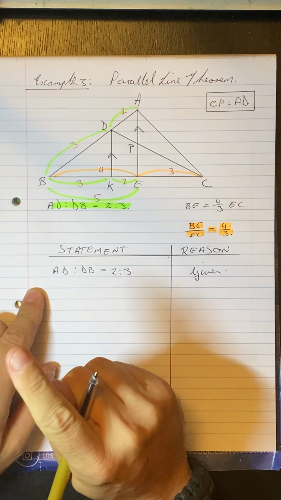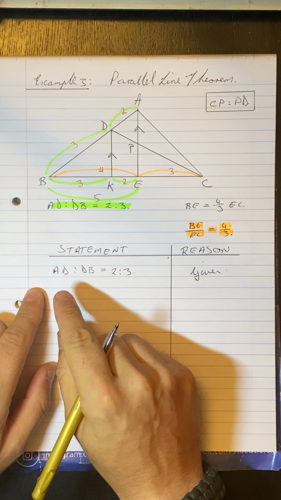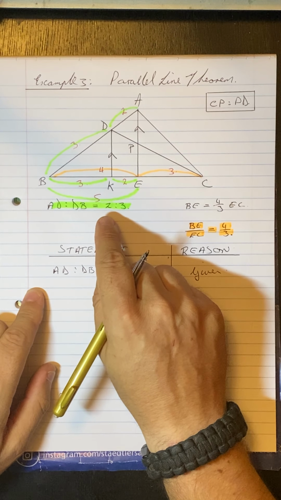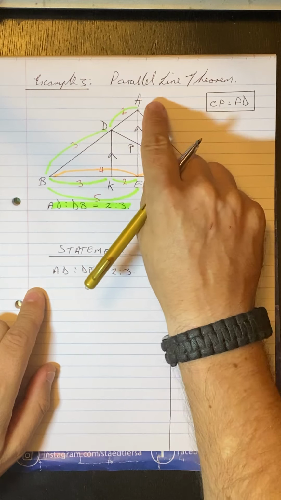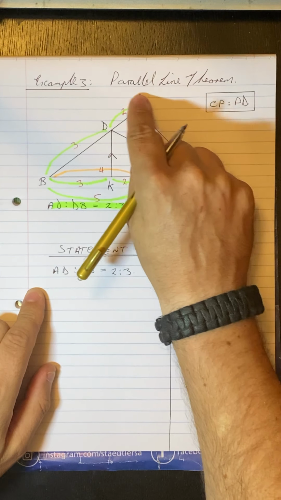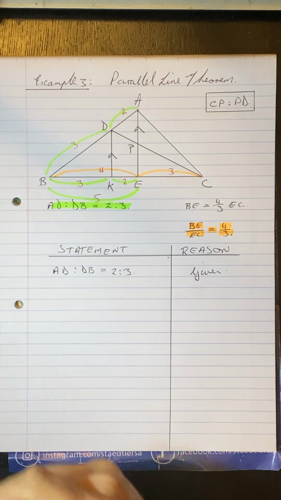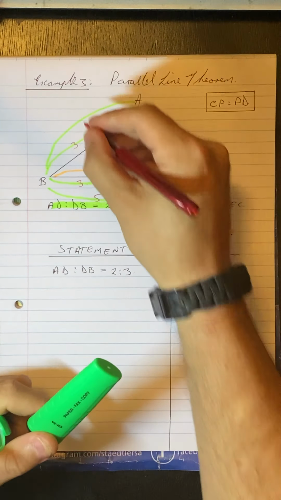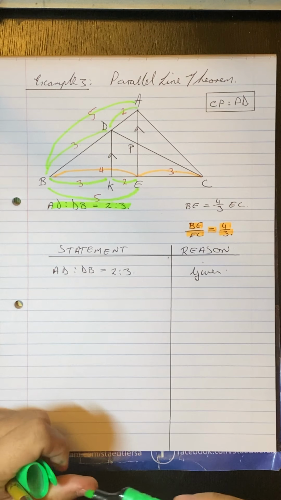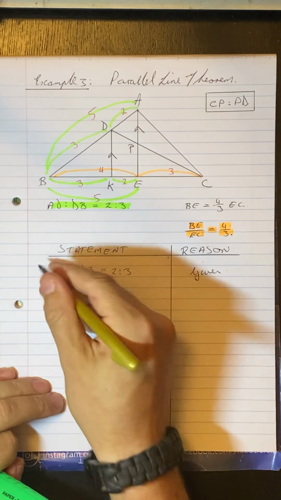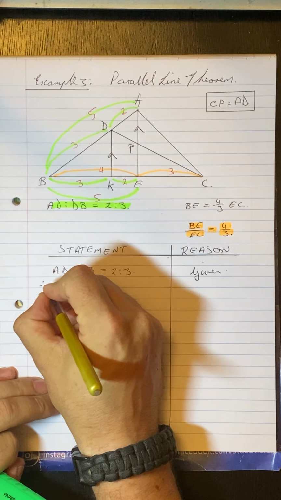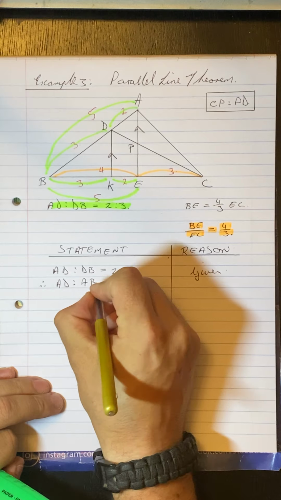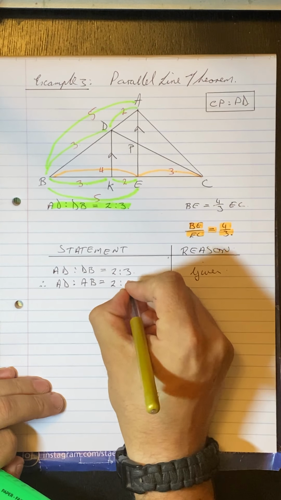As you can see, this whole length here, this AB, is also going to be 5. Let me mark that in here. We know that's going to be 5. So therefore, we know that AD to AB is equal to 2 to 5.